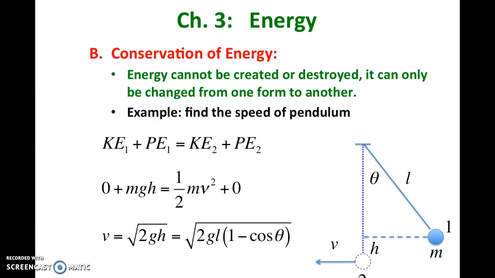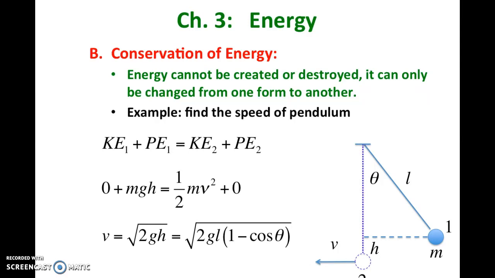The speed of the pendulum at the lowest point can be obtained based on the conservation of energy, i.e., the kinetic energy plus potential energy at the highest point, KE1 plus PE1, equals the kinetic energy plus potential energy at the lowest point, KE2 plus PE2.